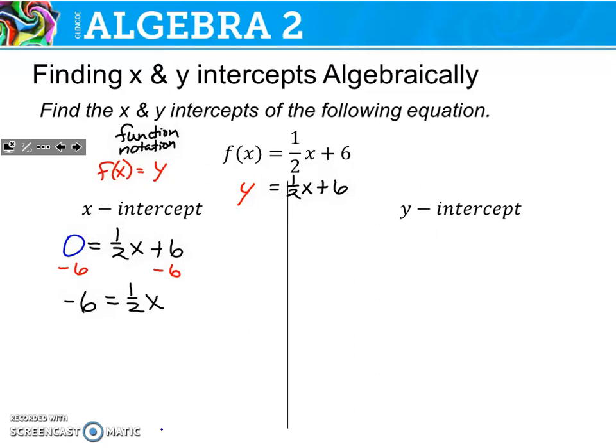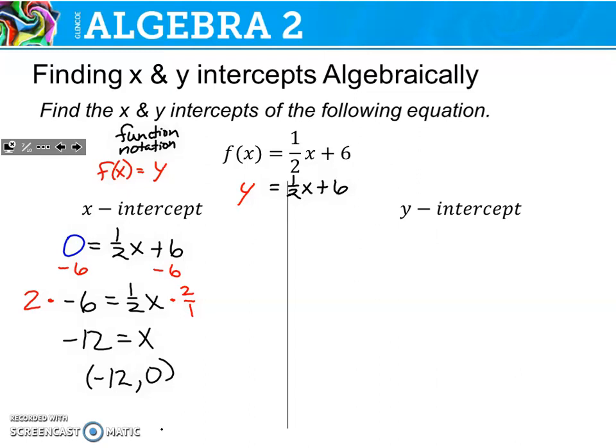A lot of you guys would probably divide both sides by 1/2. I prefer to multiply by the reciprocal, multiply by 2 over 1. So I'm going to multiply by 2 on this side, and I end up with -12 equals x. So my x-intercept is -12. Remember, I want my answer as a point, though. So I go -12, 0.